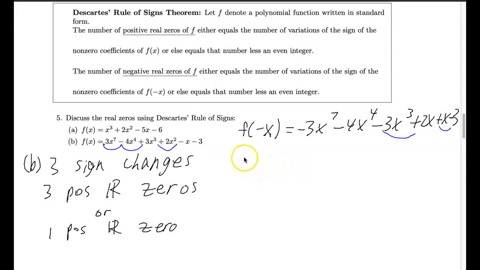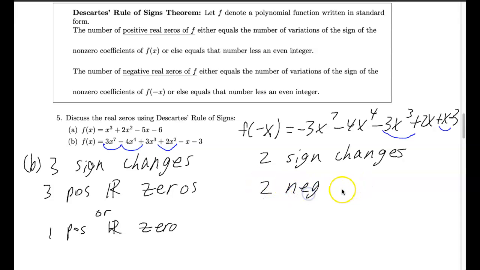This means that there's 2 sign changes, and that means that there's 2 negative real zeros or 0 negative real zeros.